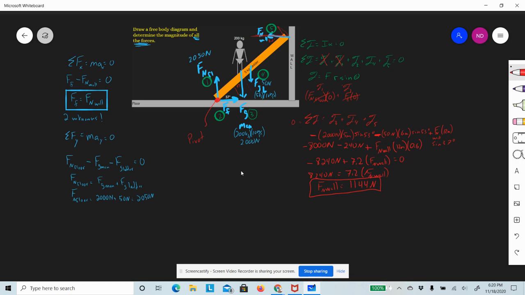Now we've gotten the friction force. So the normal force on the wall equals the force of friction. So 1,144 newtons is also the force of friction. And that's all of them. We got it. Well done.